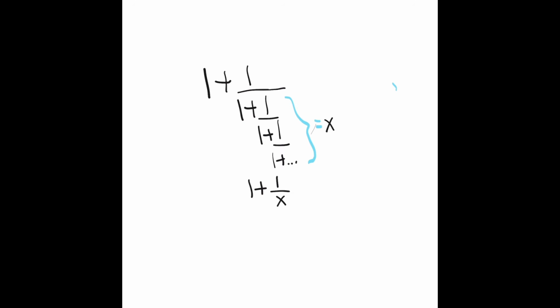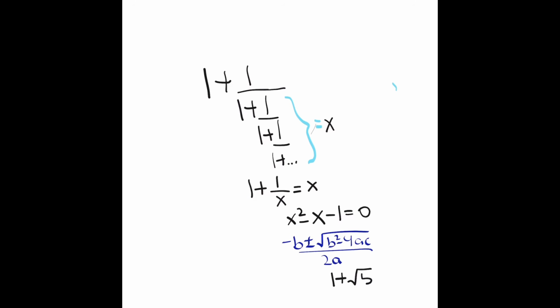So 1 plus 1 over x would equal x, and x squared minus x minus 1 equals 0. So using the quadratic formula like we did before, we can deduce that the answer to this continued fraction is the same as the golden ratio. Okay.